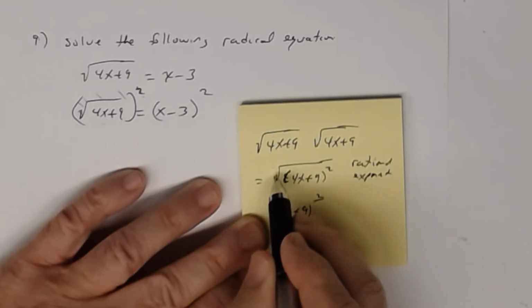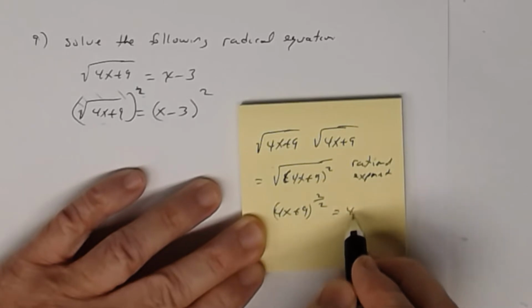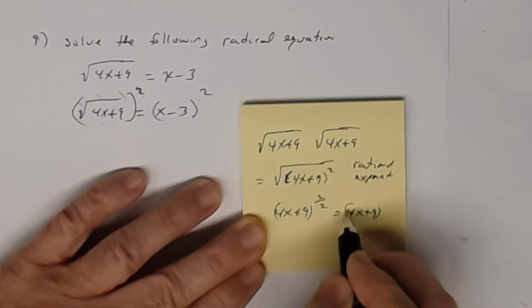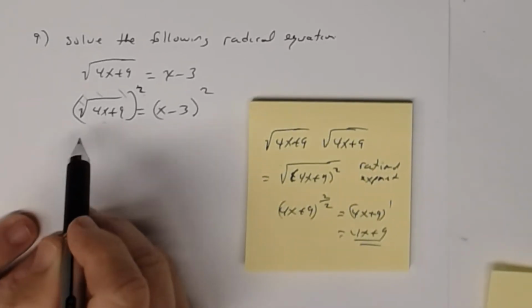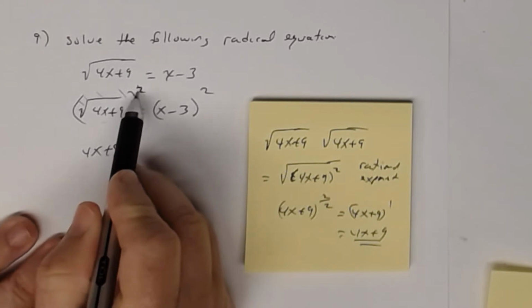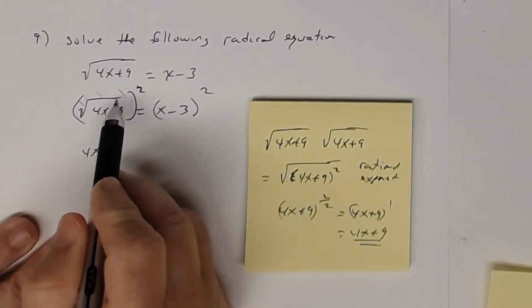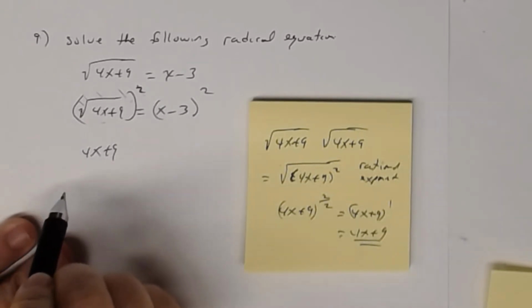And it's always divided by the index, which is 2. 2 divided by 2 is 1, so you get 4x plus 9 to the first, which is just 4x plus 9. And that's what you're going to write here, 4x plus 9. So that's why we say the square and the square root undo each other. Those are inverse functions, because you just get the radicand, 4x plus 9.